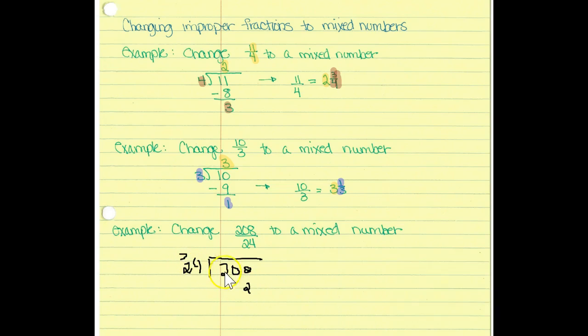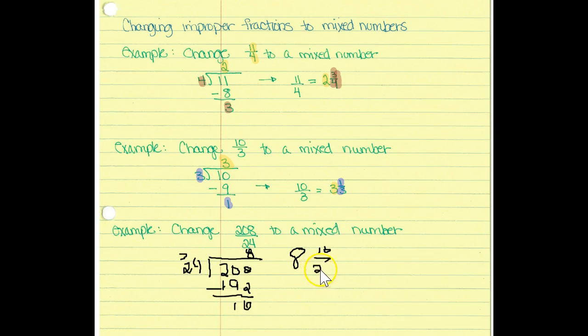That's 16 plus 3 is 19. So it looks like it goes in 8 times. Subtract 208 and 192. That's going to get me 16. So my mixed number is going to be the 8 with 16 24ths.